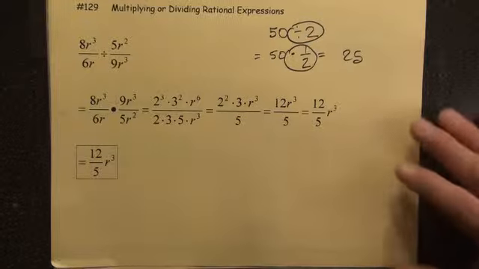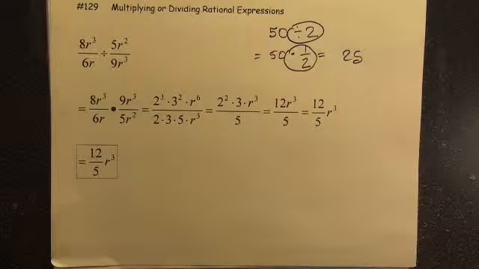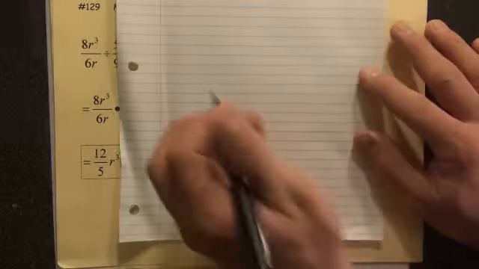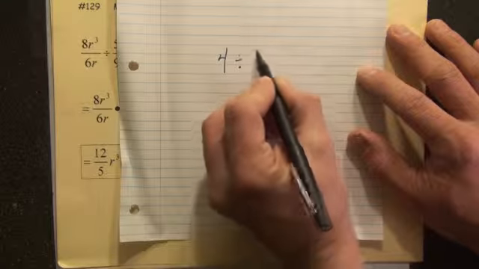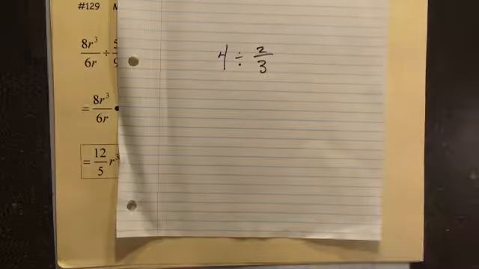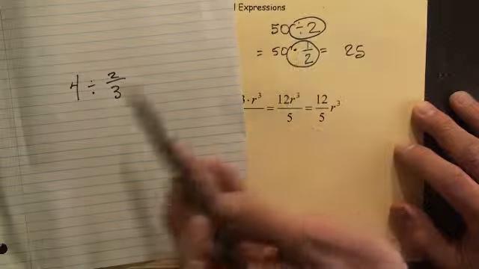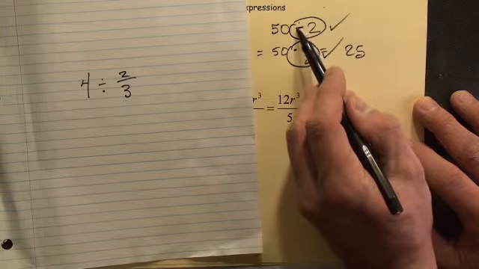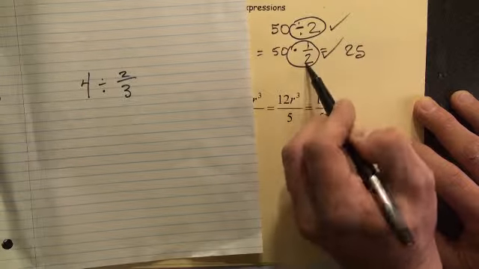Well, as it turns out, if we were to take this idea and move it along to something like 4 divided by 2/3, instead of 4 divided by 2, let's divide it by 2/3. Look what the pattern is. Instead of dividing by 2, we can multiply by 1 over 2.